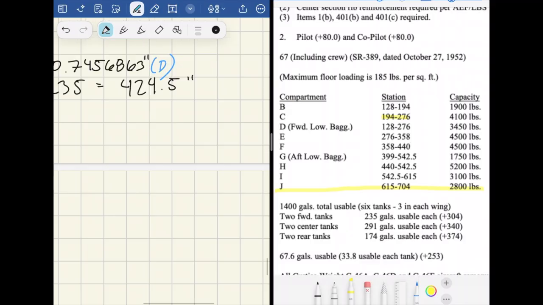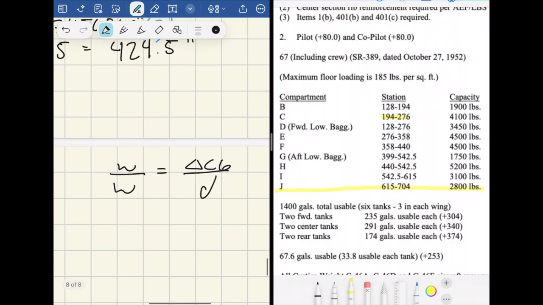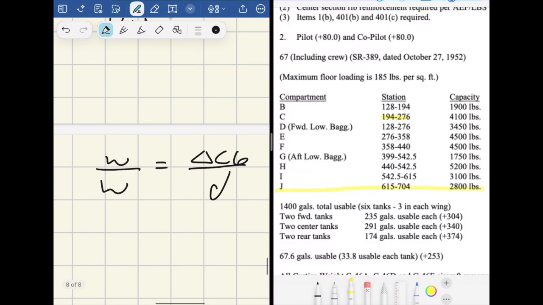Now, let us compute. Our formula, we have weight to be shifted over total weight equals change in CG over the distance. So, kailangan natin ma-isolate si weight. So, let us cross-multiply.